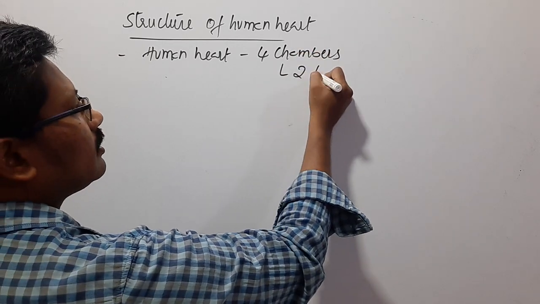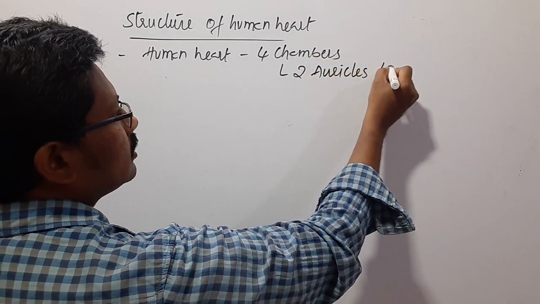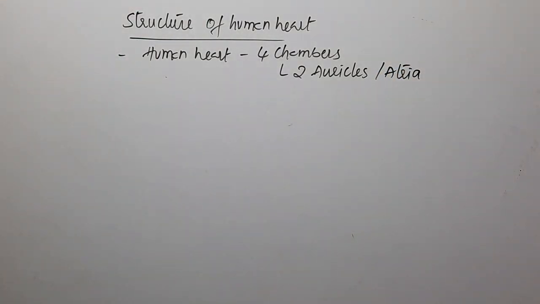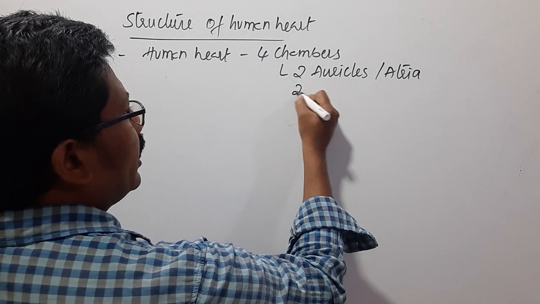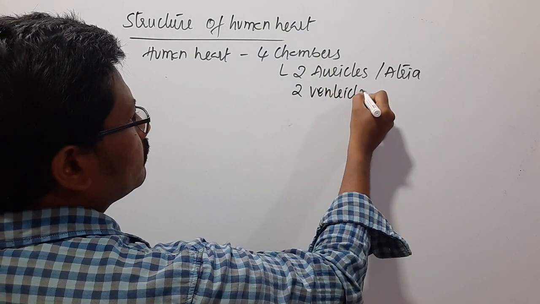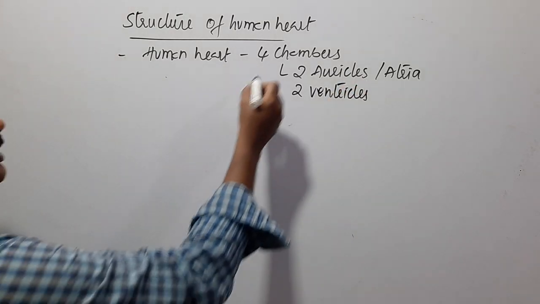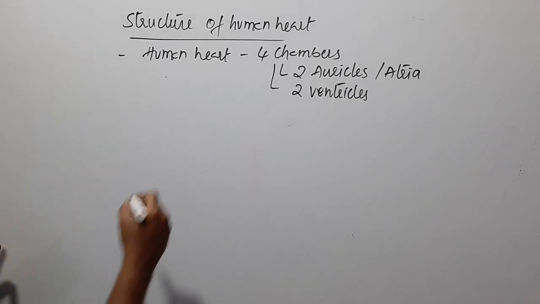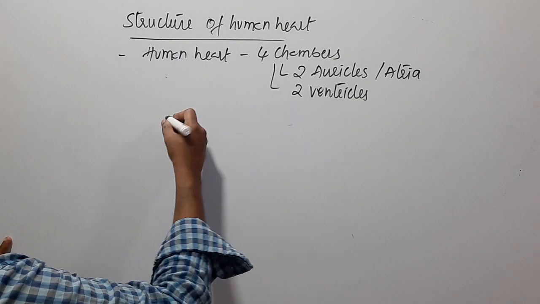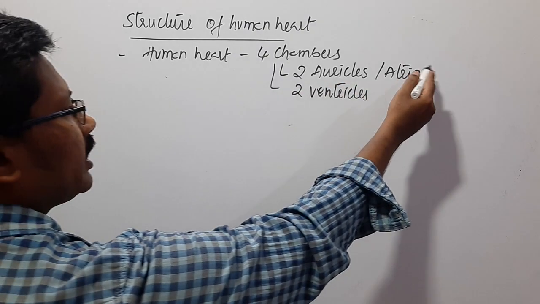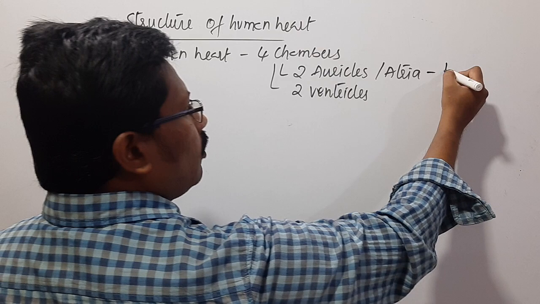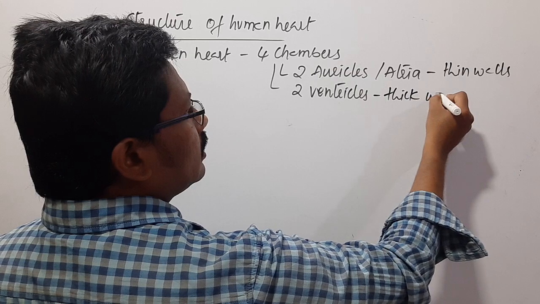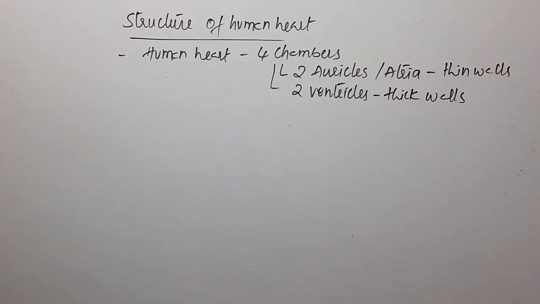Out of this there are two auricles or atria, atria being the plural and atrium the singular, and two ventricles. Now we'll see that the auricles have thin walls, whereas ventricles have thick walls.